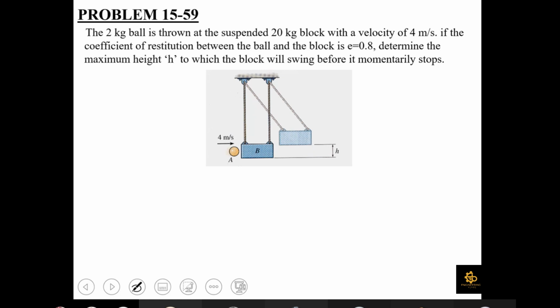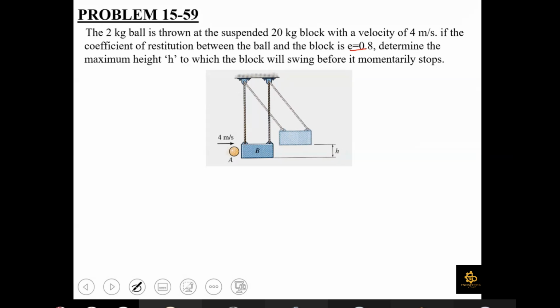The coefficient of restitution between these two particles is given to you as 0.8. You need to determine the maximum height h to which this block will swing before it momentarily stops. So इस collision के नतीजे में block B is going to get some momentum. What should be the maximum height attained by this block after this collision? You have to find out that maximum height h.